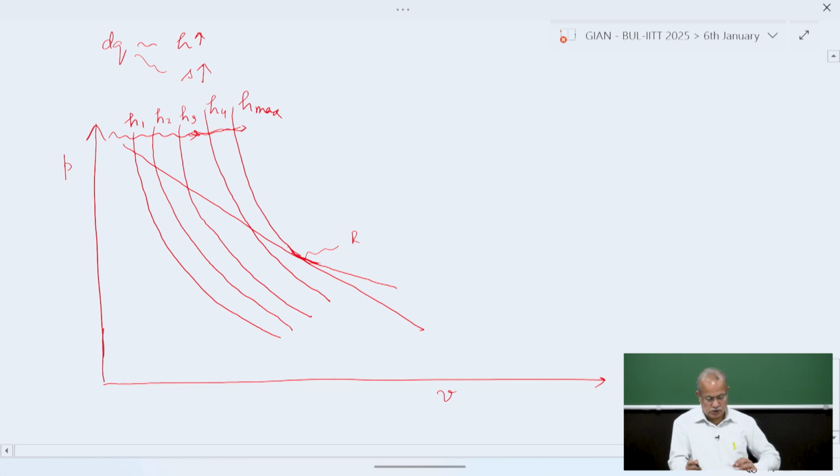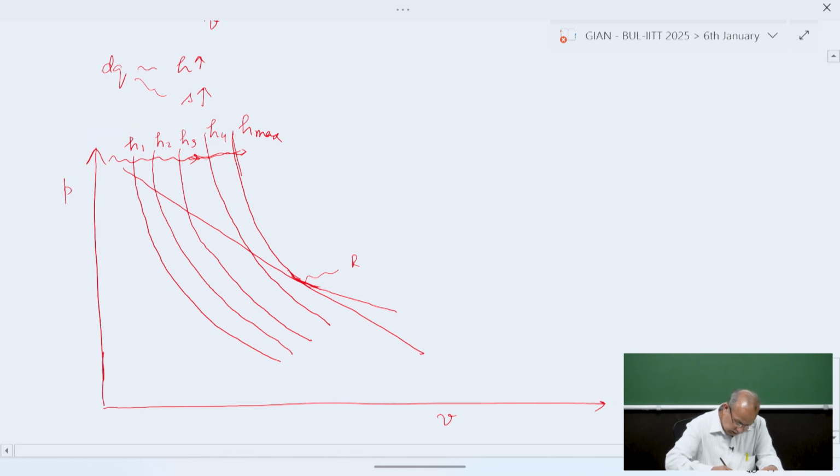This is basically a thermal choking effect, addition of heat. So this is what you see here, and the R line becomes a tangent to H, that is the H max.